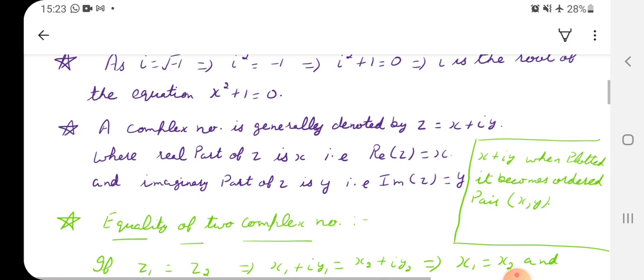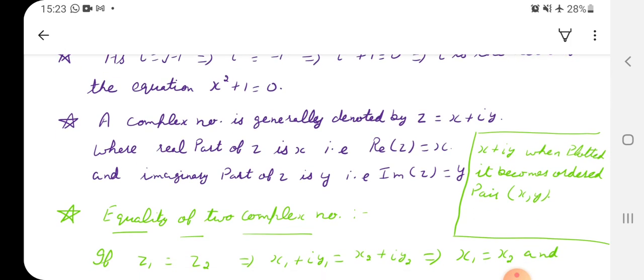Now a complex number is generally denoted by z, which is x plus iota y, where x is our real part and y is our imaginary part.